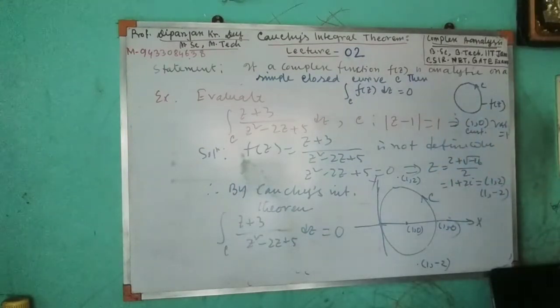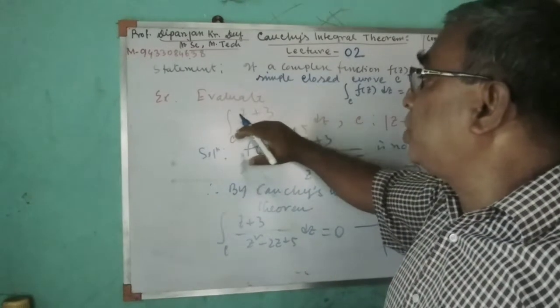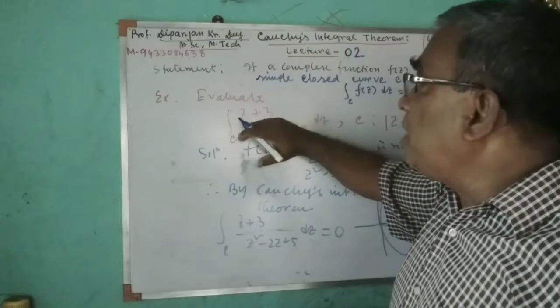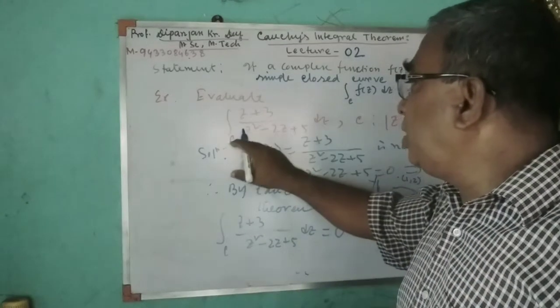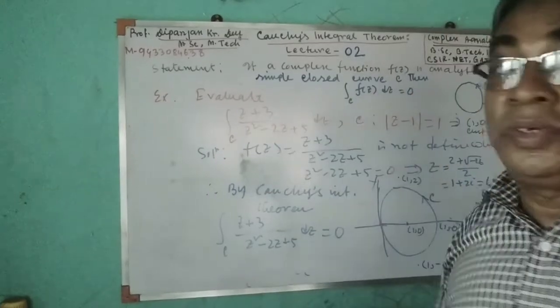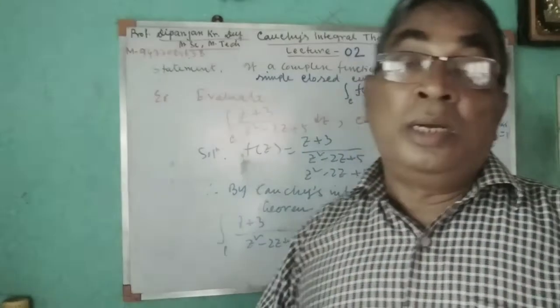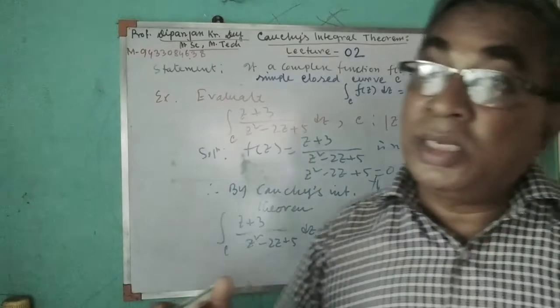Okay. Or another way you can say, suppose f(z) equal to z + 3, the integration of this z + 3 dz. So z + 3 is a polynomial function, and every polynomial function is an analytic function.